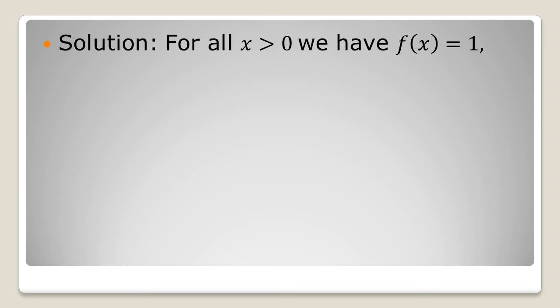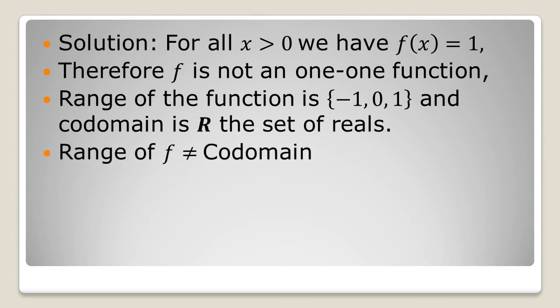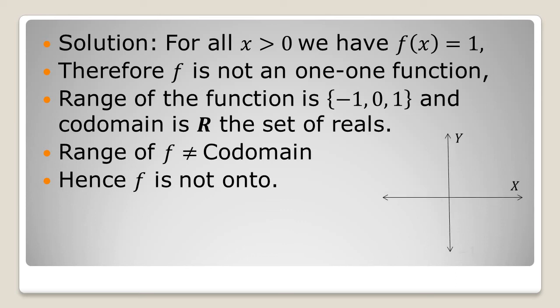That will mean that it is not a 1-1 function. Also the range of this function is the set of only 3 numbers, that is minus 1, 0 and 1. But the codomain is the set of all real numbers. Therefore it is not an onto function, since the range of f is not equal to the codomain. You can see it in the graph. For all values of x which are positive, the value of the function will be equal to 1, and similarly minus 1 for all x less than 0.